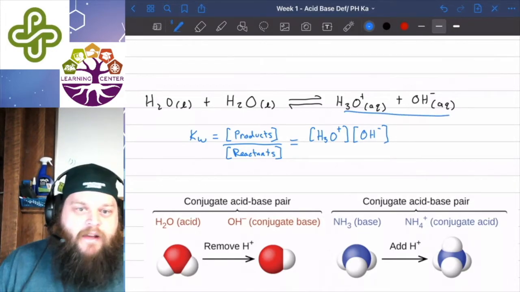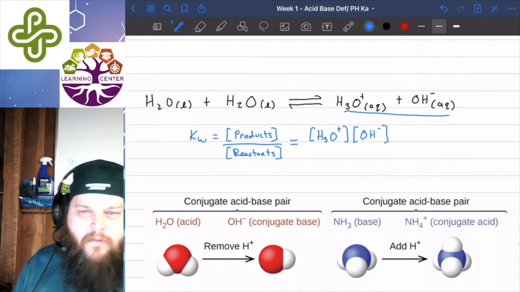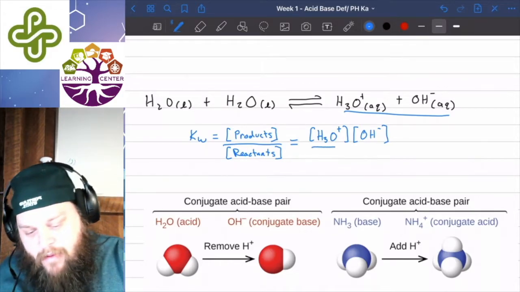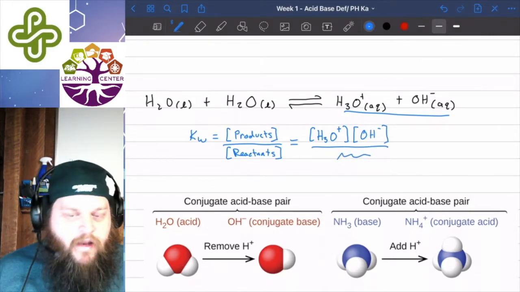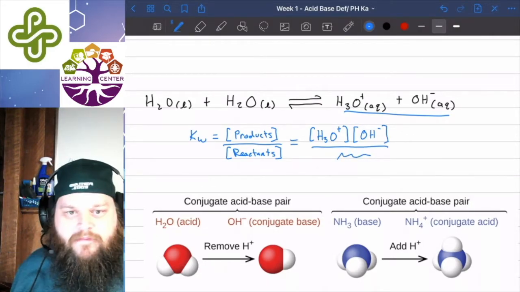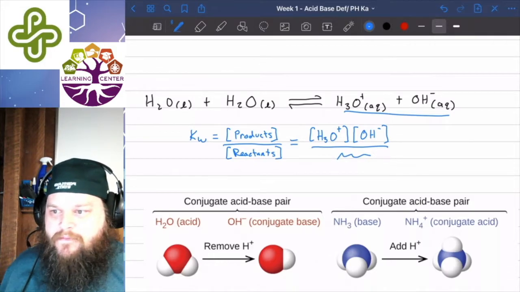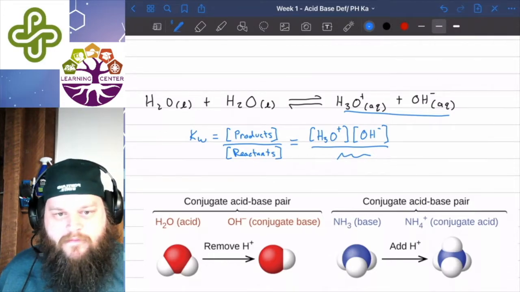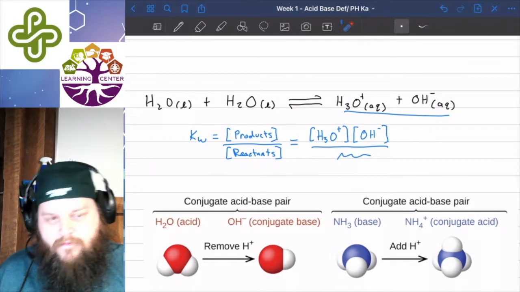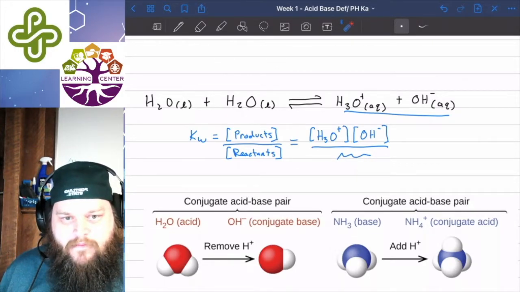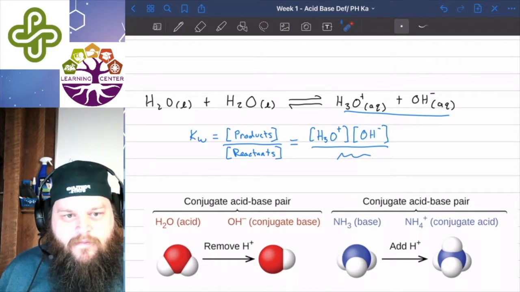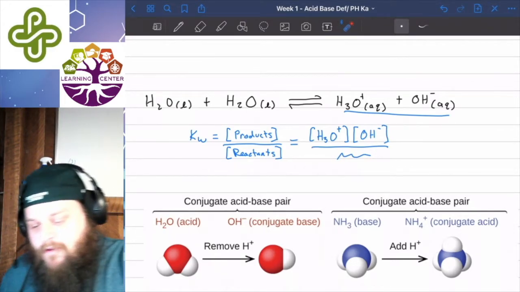How about the reactants? What would we put on the bottom down here for the reactants? Perfect. That's what I was looking for. It was a trick question.